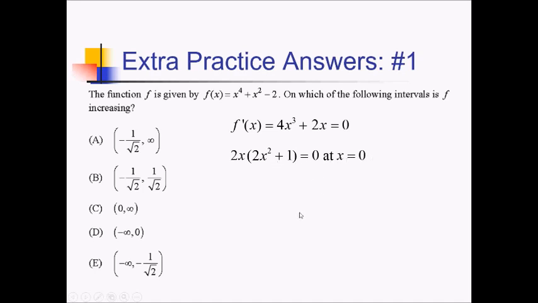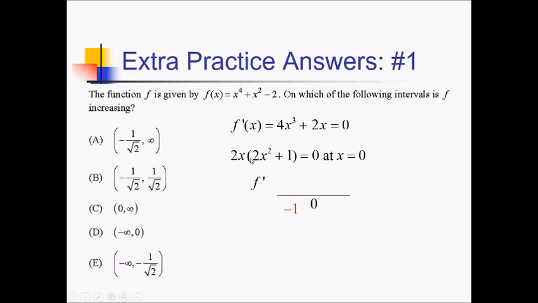So let me test that out on my number line and do a little sign analysis. So here's my f prime number line. I have my only critical value at x equals 0. And now testing a number a little bit less than that, like -1. Now this 2x squared plus 1 piece is always going to come out positive because you're squaring and then adding a number. So it's really down to this 2x part in terms of determining the sign.